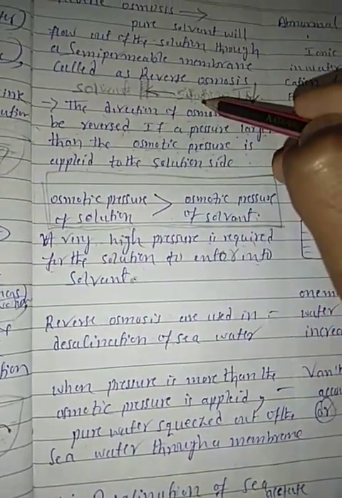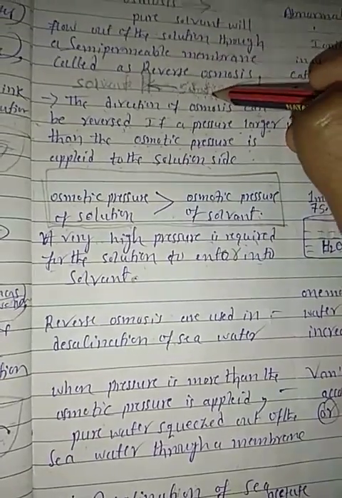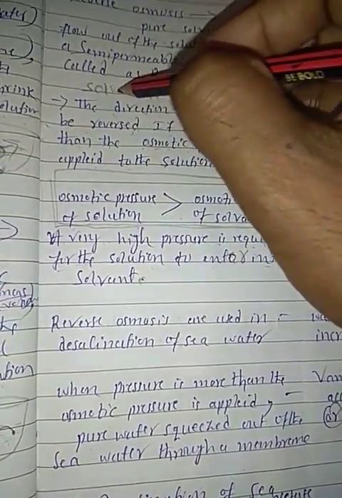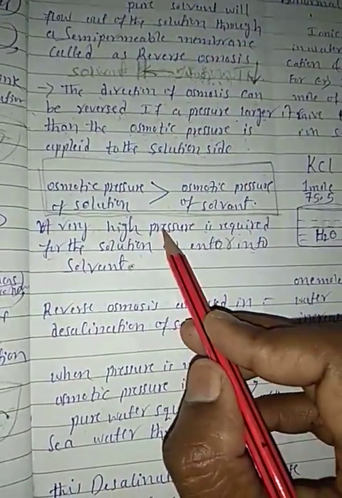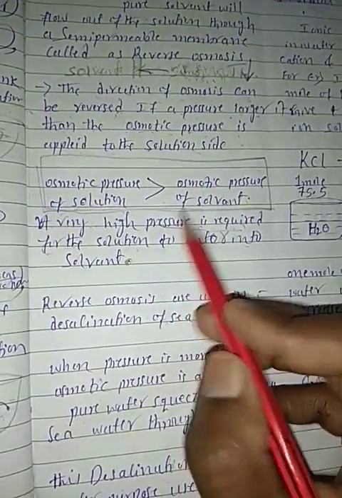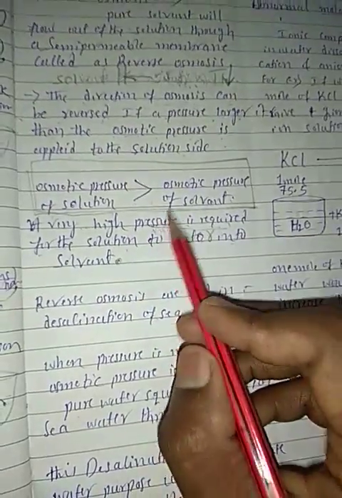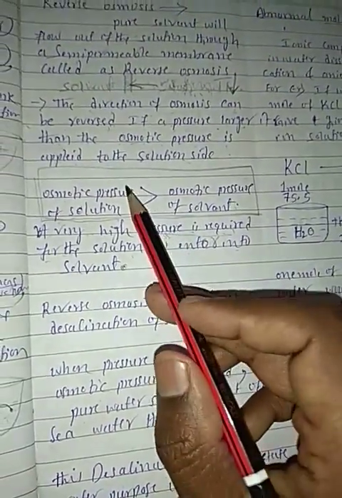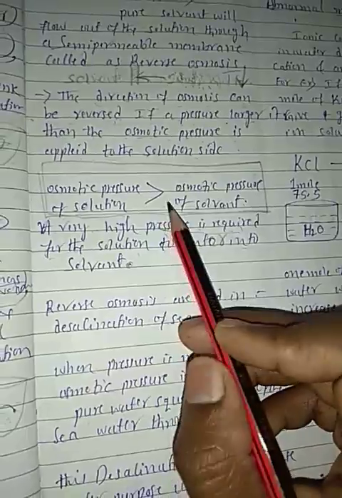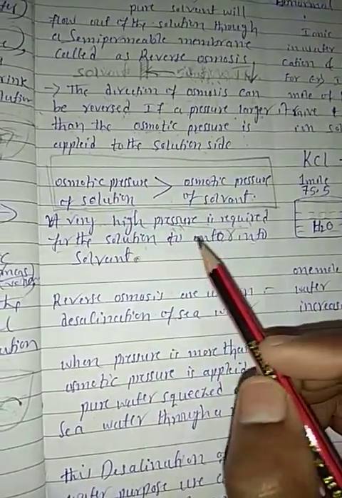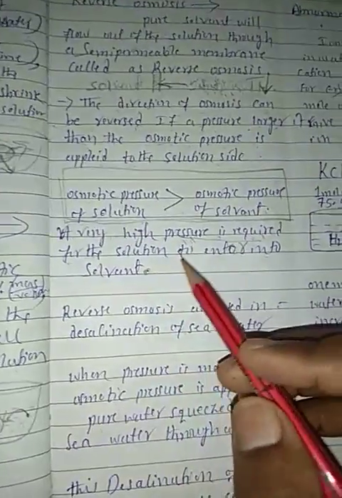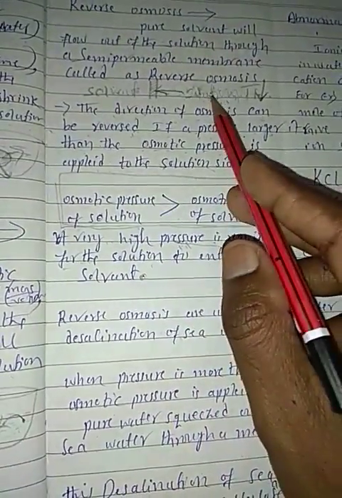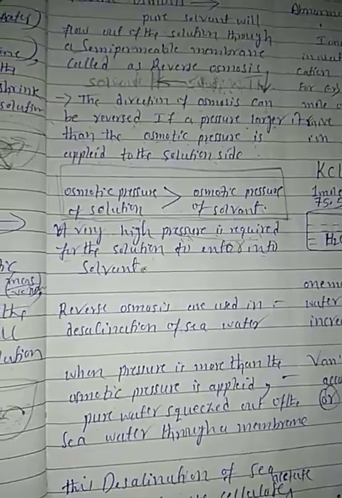If solvent particles from the solution want to enter into the pure solvent component, then very high pressure, or you may say very high osmotic pressure, is required, higher than that of the solvent.